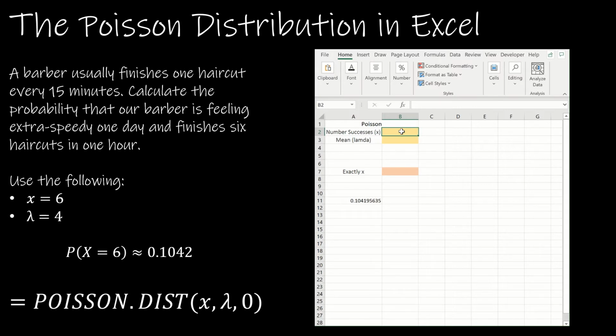So again, the number of successes was x, the mean or lambda was 4, and then I can say exactly x would be POISSON.DIST, and then the x, and then the mean, and cumulative is 0 or false. And again, I can get the same answer that I found by hand, and this way it's just easier because I can just manipulate the x and the lambda values.